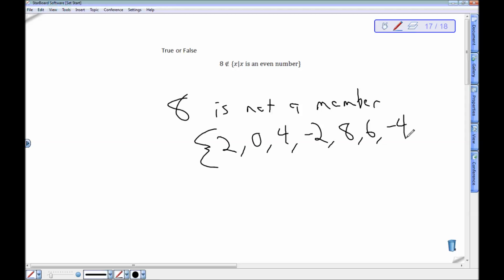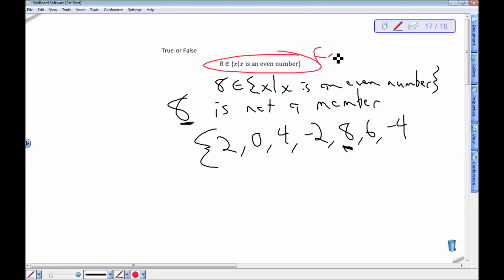But those are the types of things in this set. And this statement has a problem because, in fact, 8 is an even number. So this statement to be true would be 8 is an element of the set of all X such that X is an even number, which means that my original statement is false. So I think I can write the word false here. There. So that statement is false because 8 is a member of that set.